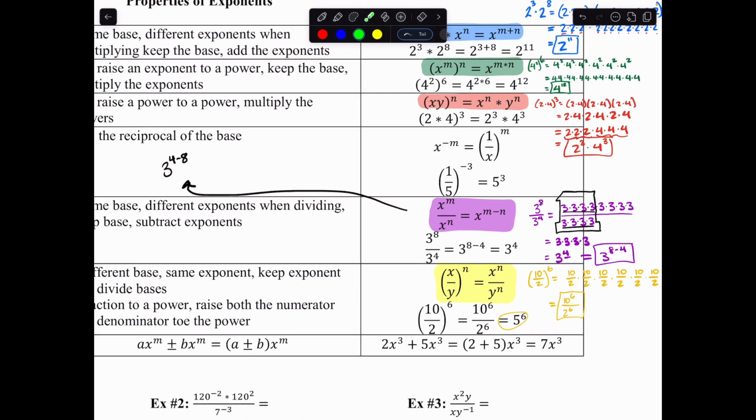in that last property, the quotient rule here in purple, we kind of glossed over the fact that this property implies that we could have negative exponents, right? If I switched places for 8 and 4, and I had 3 to the 4th power over 3 to the 8th power, I would get a negative number, wouldn't I?